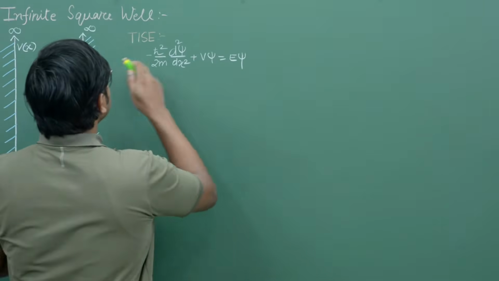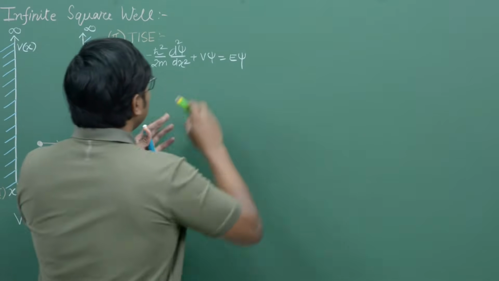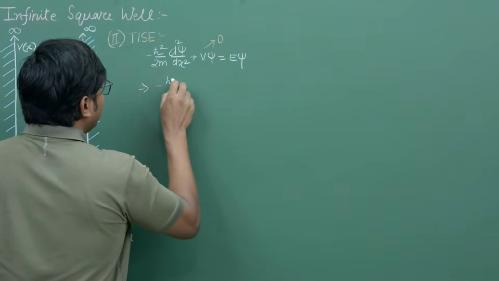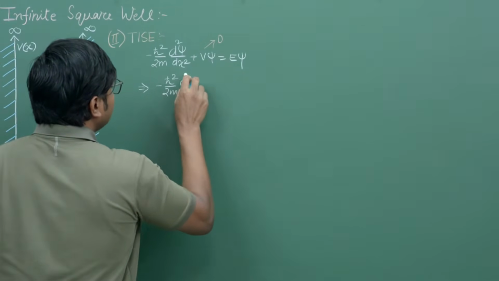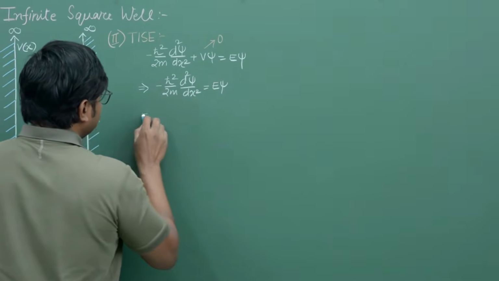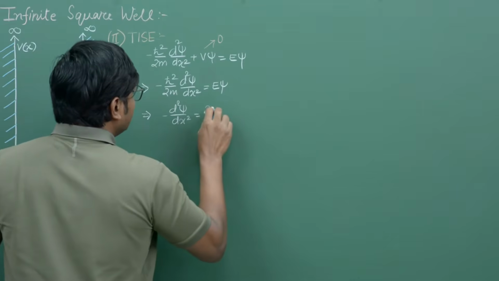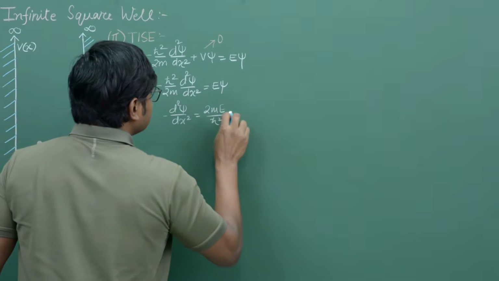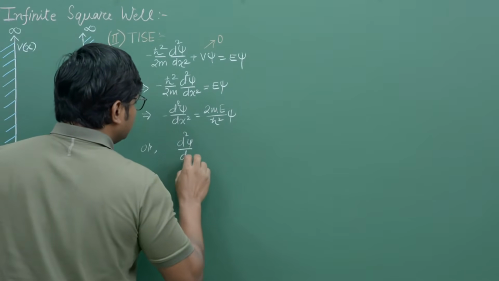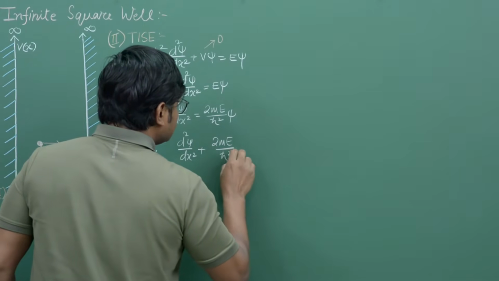The potential being 0 simplifies our differential equation, because now I have -ħ²/2m d²ψ/dx² = Eψ, and then d²ψ/dx² = -(2mE/ħ²)ψ, and finally we get d²ψ/dx² + (2mE/ħ²)ψ = 0.